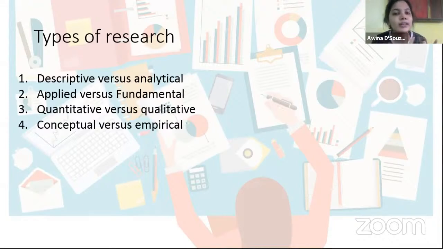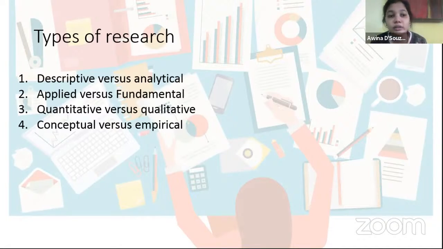So this will be like a narrative, like a story. But when you come to the analytical part, it will be like how and how much, and those kinds of questions are answered in the analytical part.